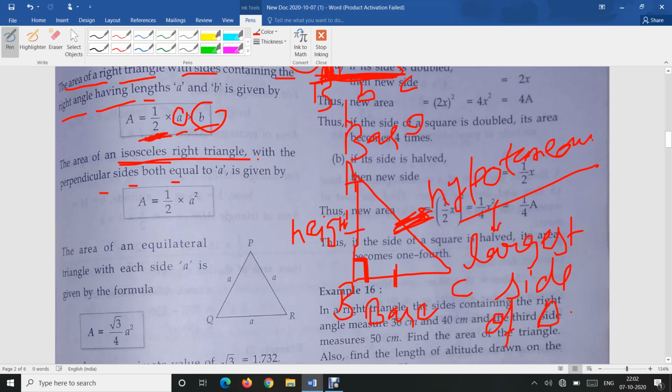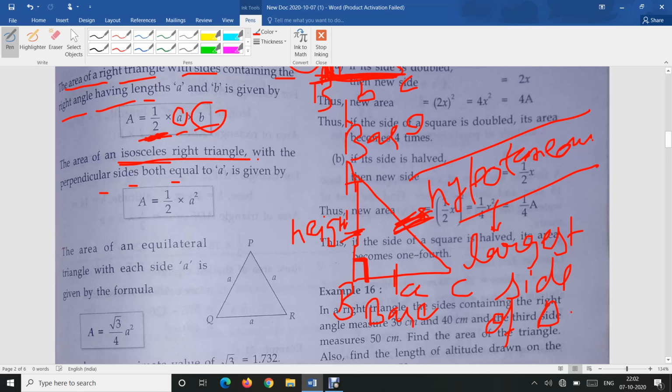That is why base and height will be the same, means the equal sides will be base and height. The hypotenuse is always the largest side of a triangle, so we cannot consider this hypotenuse to equal any other side of the right angle triangle. So the two equal sides of a right angle triangle will be base and perpendicular, means base and height.